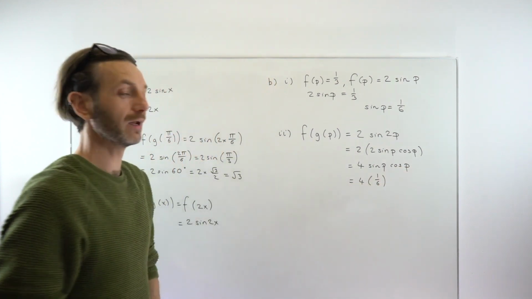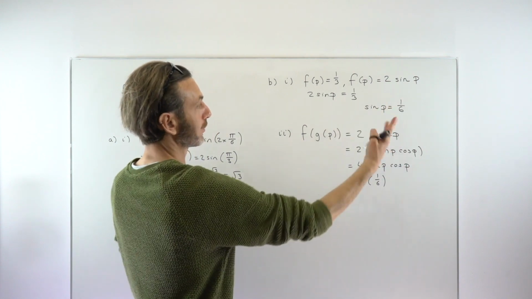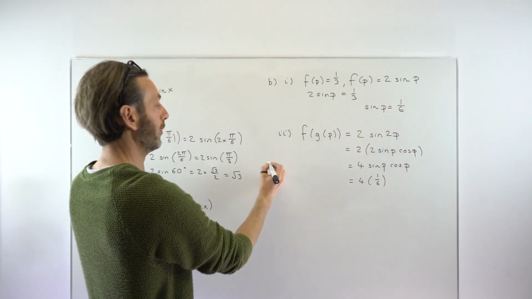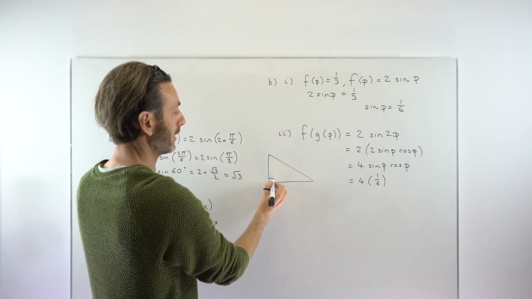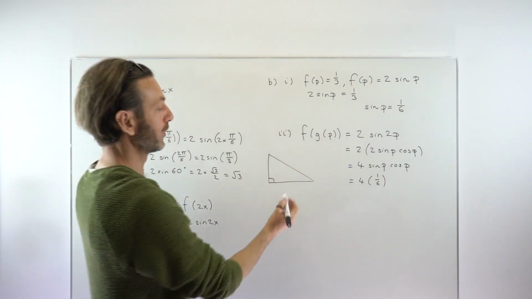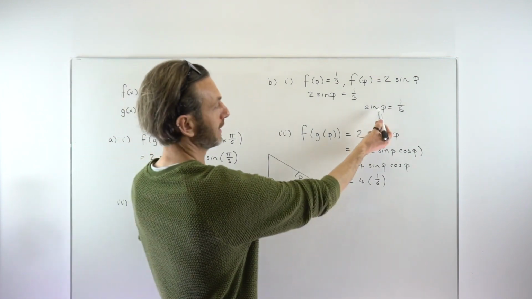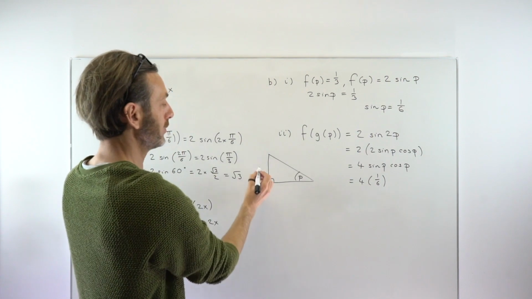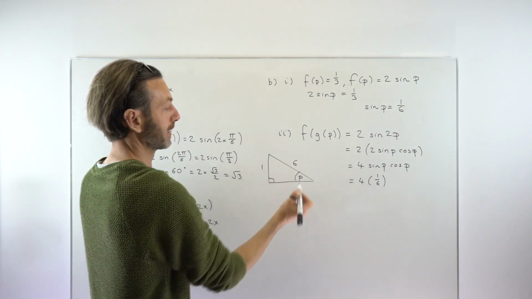We were not asked in any part of the question to work out the exact value for cos p. And this is a difficult part, but we can use the sine p result by setting up a right angle triangle and using SOHCAHTOA and maybe a bit of Pythagoras. So if we allocate this as angle P, remember sine in SOHCAHTOA is opposite over hypotenuse, so opposite angle P would be 1, the hypotenuse would be 6.